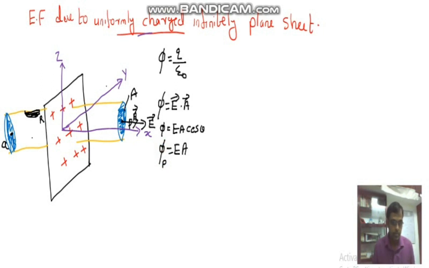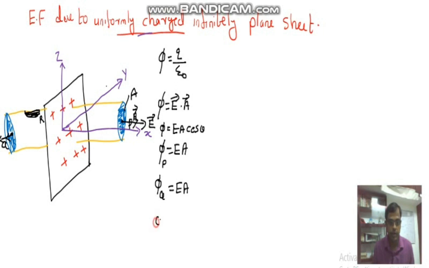Now move along the same line, the positive x-axis, and definitely towards the minus x-axis there is another point, Q, which is part of the cylinder. At the point Q, once again the electric field will be in this direction. The area vector will be the outward normal. Both are in the same direction, theta is equal to 0. So once again phi Q is also equal to EA.